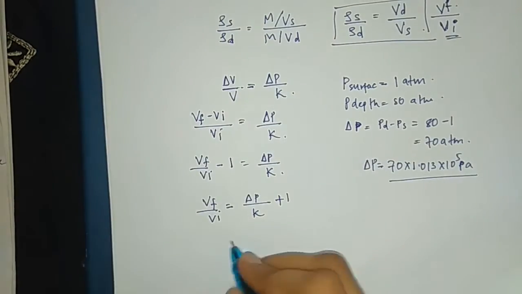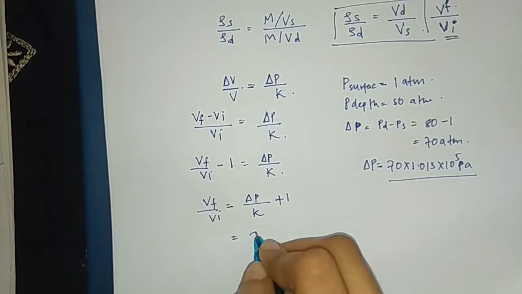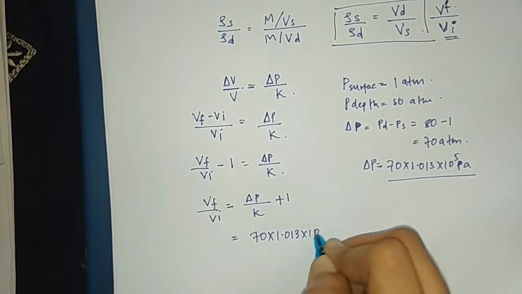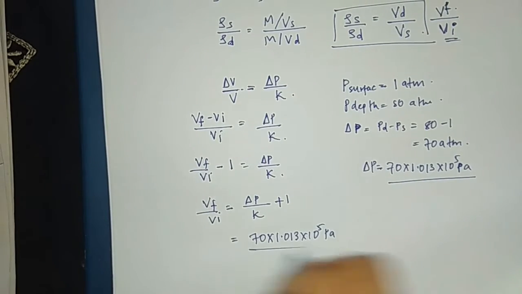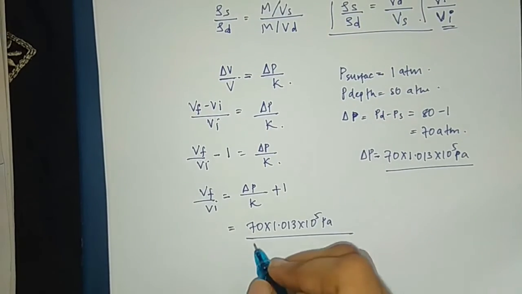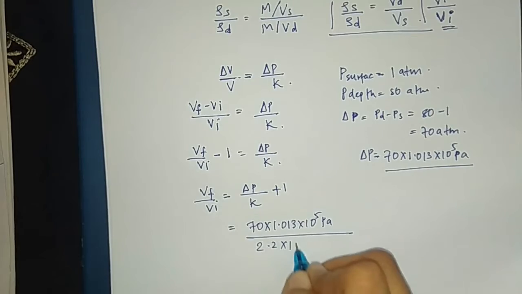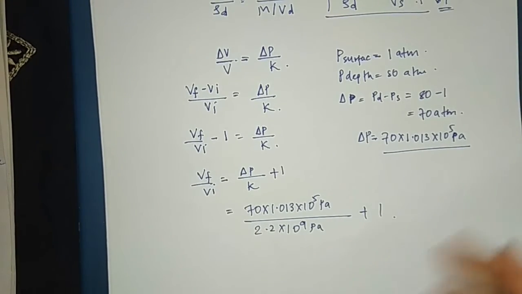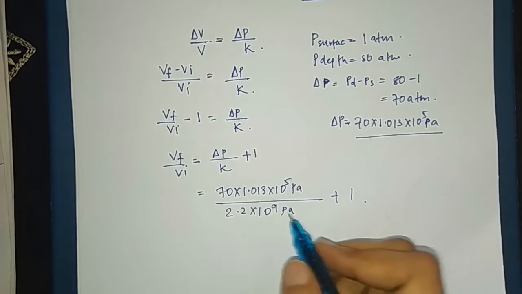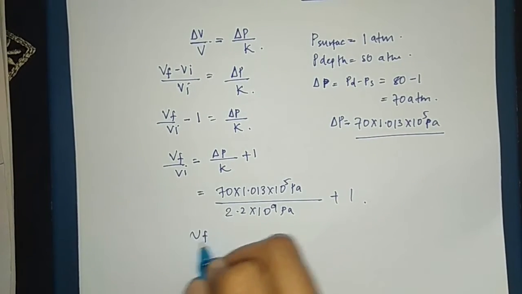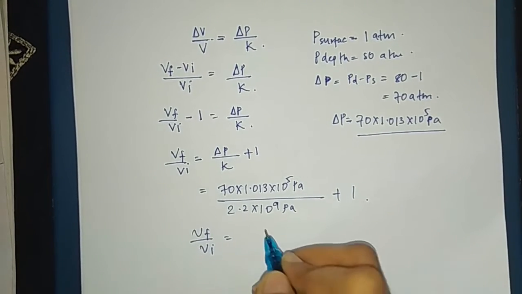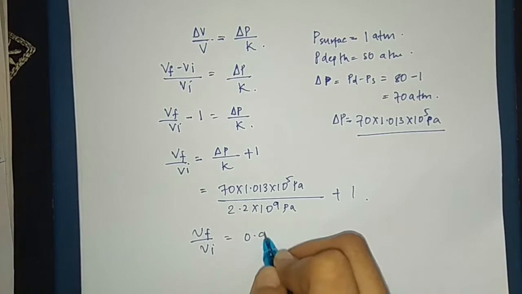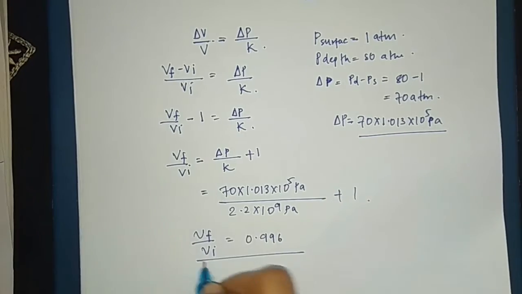So let's calculate this. Delta P is 70 into 1.013 times 10 raised to 5 Pascals divided by the bulk modulus of water, 2.2 into 10 raised to 9 Pascals, plus 1. After substitution, we get the value of Vf by Vi as 0.996.